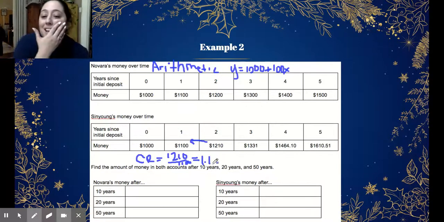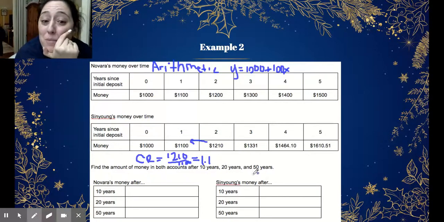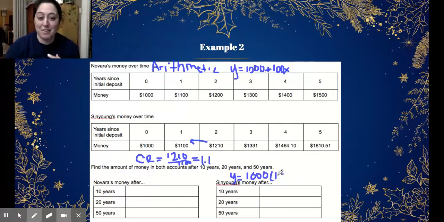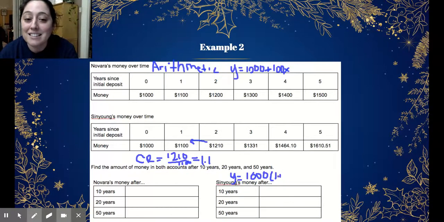So this is my common ratio. If I'm using the same formula from the other slide, I get y equals, my initial amount is 1,000 bucks, times 1.1. Remember, the first one is 100% of that 1,000, and I'm going to add something to it to get this common ratio of 1.1.